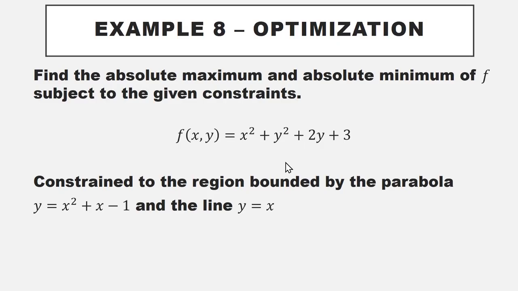So that's the idea of this constrained optimization. We've said what are the maximum and minimum values you can get with your function, given that it's constrained to this region, that we're just focused on the part of my function which is above this region.